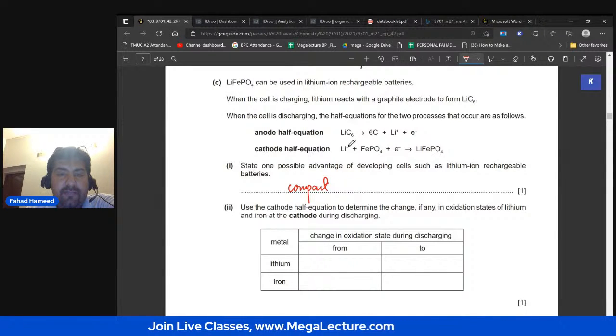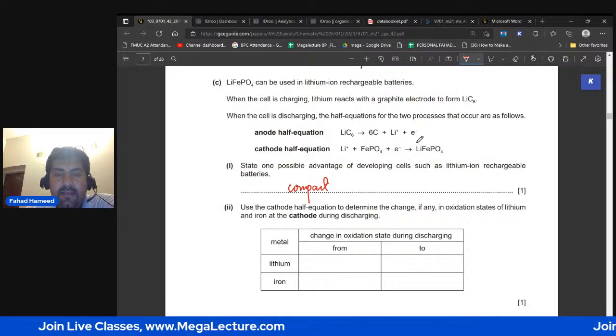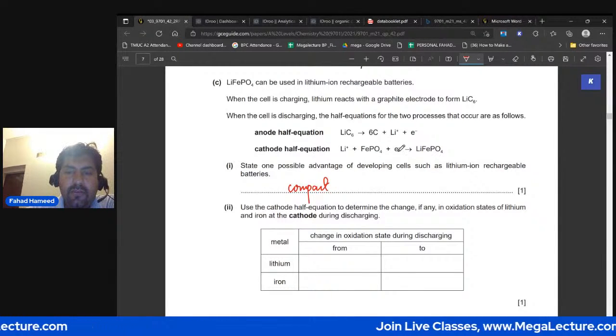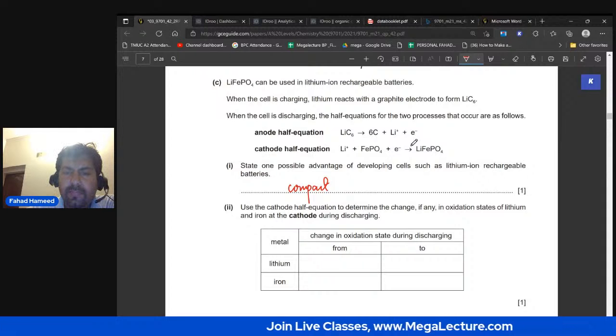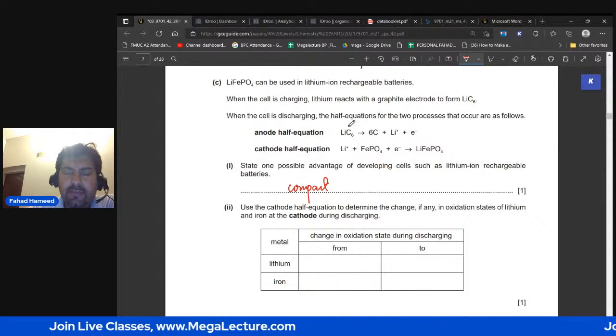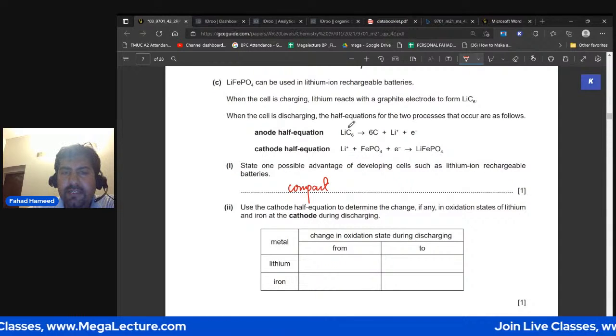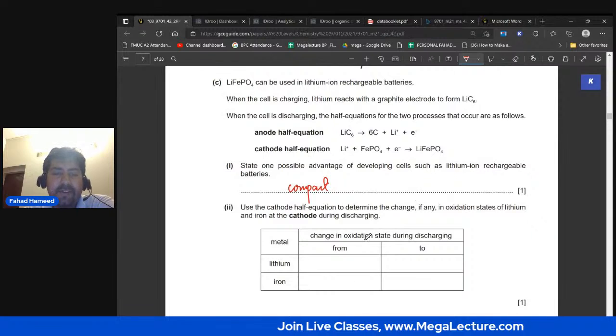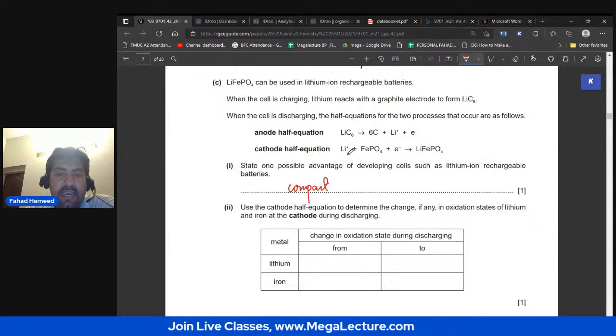This is +1, and over here it's gaining 1 electron. So the change in oxidation number, and what is lithium over here? Lithium with C6. In both cases we have to figure out what the change in iron is as well.